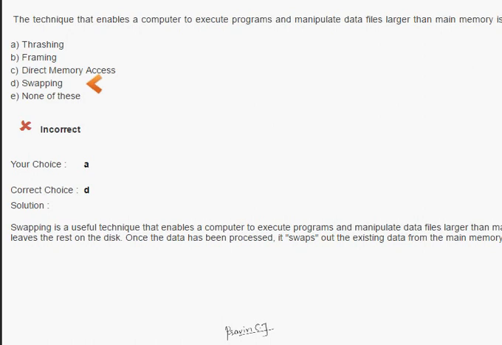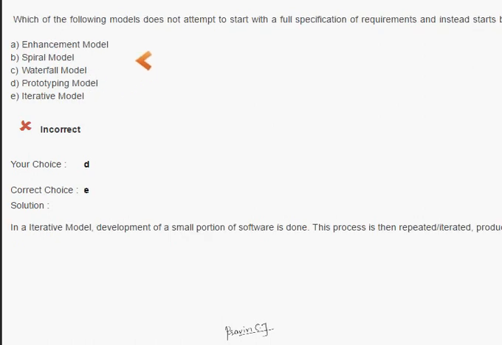Okay, the next question: which of the following models does not attempt to start with the full specification of requirements, and instead starts by developing a small portion of it? It is the iterative model, where development of a small portion of the software is done in the earlier stage, and it is done continuously. The options are enhancement model, spiral model, waterfall model, prototyping model, iterative model.